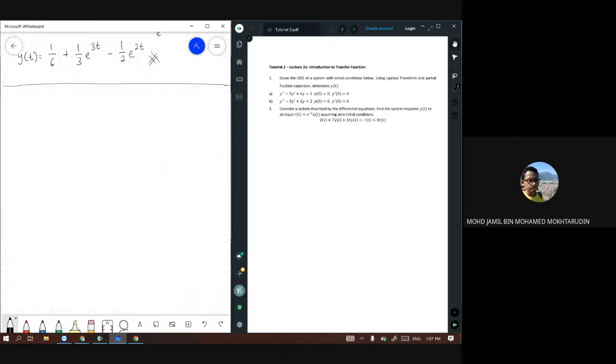Okay, let's look at question B. So we have y double prime minus 3y prime plus 2y equals 2. Okay, cara yang sama, we convert this into frequency domain using Laplace transform.